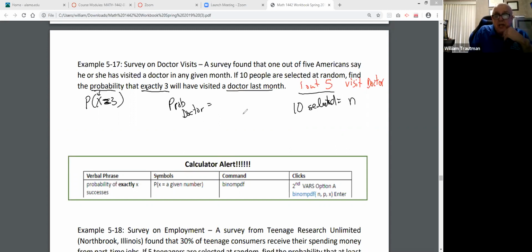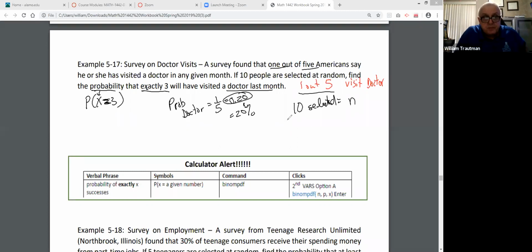Do we know that in percentage form? 1 out of 5 is the probability that you go to the doctor. In decimal form, that's 0.20. So it's 20%. Do you see? You could write 0.20. You have a 20% chance of going to the doctor because it says 1 out of 5. 1 divided by 5 is 0.20. That's the probability of going to the doctor.